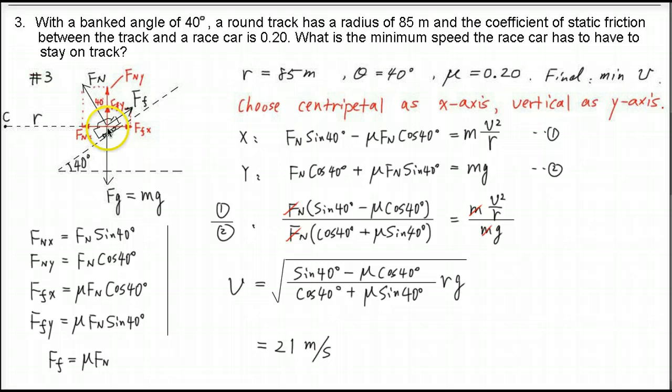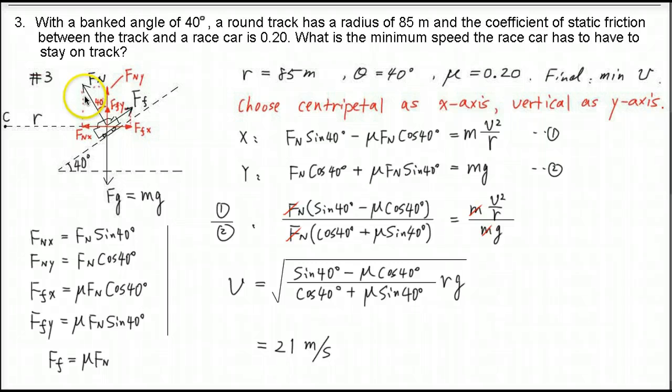And in that case, because it's the minimum speed, we must have the friction helping us to prevent the car from sliding down. So that's the key to determine the direction of friction: it is supposed to be up the slope, not down the slope. And then we can have a close look at all the forces.